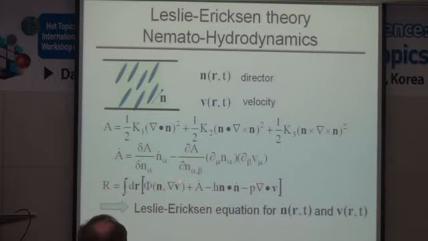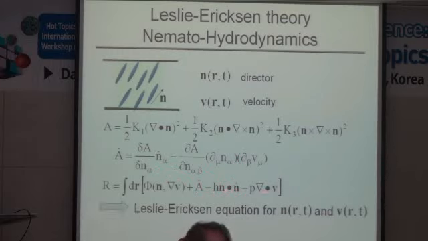Now, it involves the energy dissipation function, which is written as a quadratic functional of n dot and the gradient of v, and A dot is given by this. This stands for the constraint that n times n dot is equal to 0.